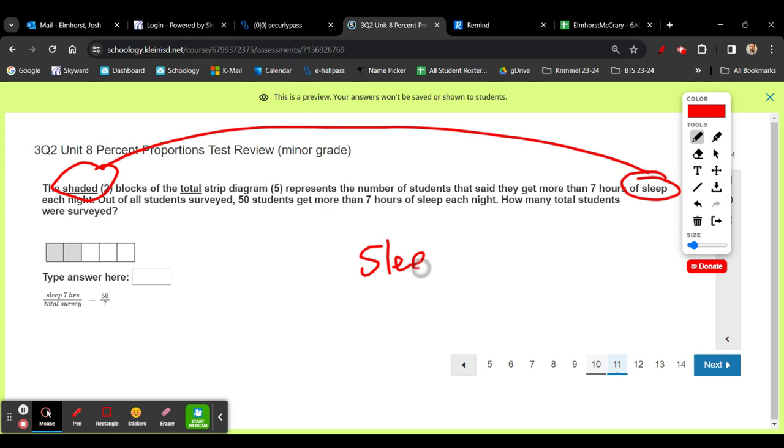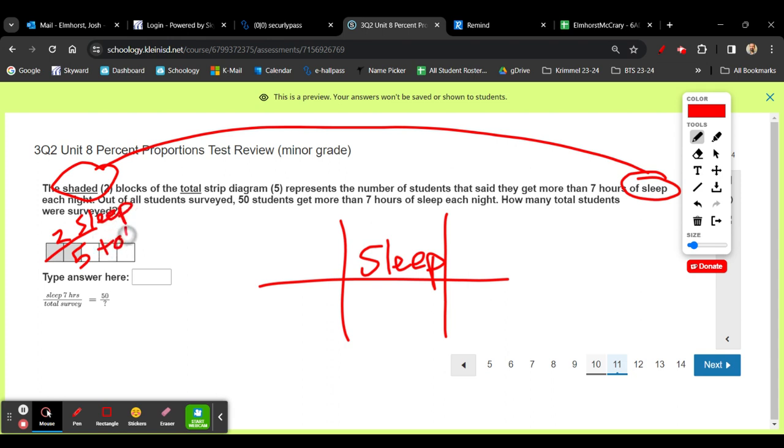So if we wanted to build our proportion, the proportion is focusing on the sleep, and the model has 2 that are shaded out of 5, and 2 are the ones that said they get more sleep. So 2 sleep, 5 total students. So we go over here, 2 out of 5 students.